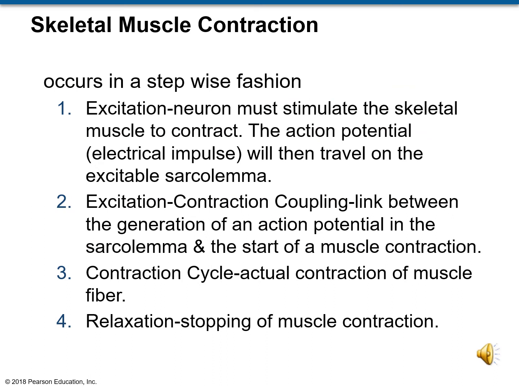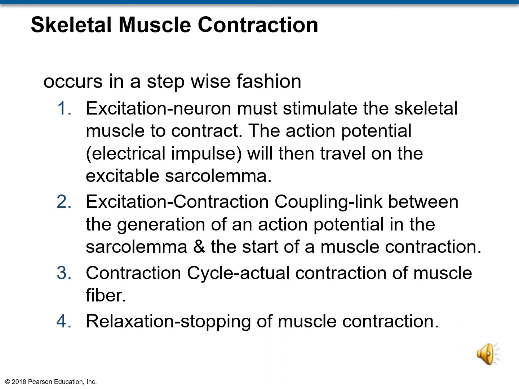For muscle contraction, there are a number of steps that have to be accomplished. First, the muscle has to get excited, so the neuron has to stimulate the skeletal muscle to contract. Second, after it gets excited and that action potential travels on the sarcolemma, we have to somehow connect the excitation to the contraction, and that's called excitation-contraction coupling.